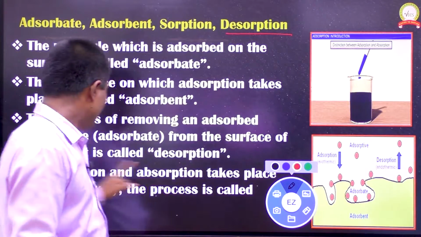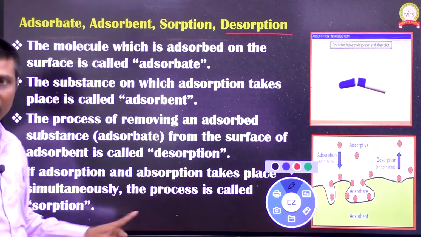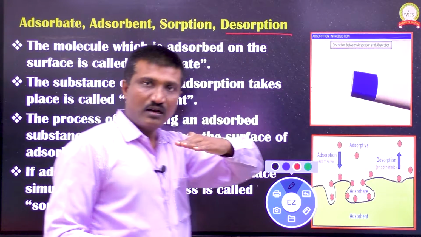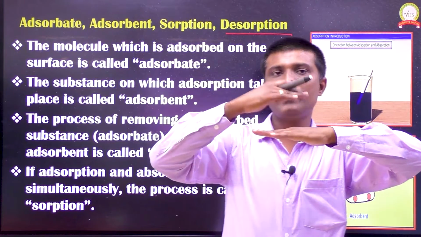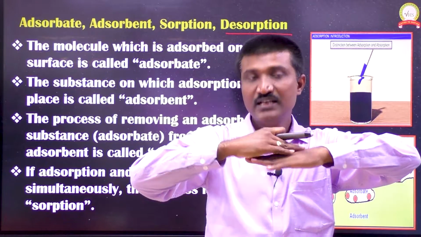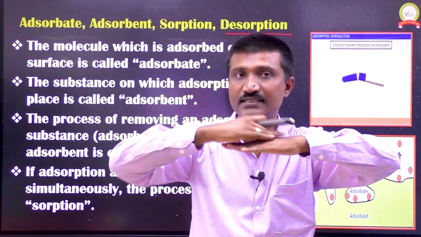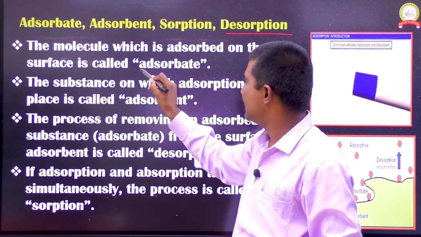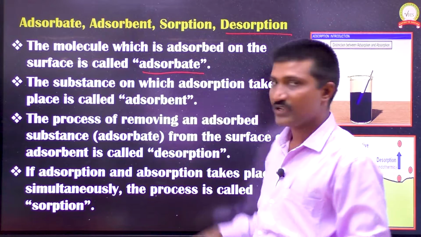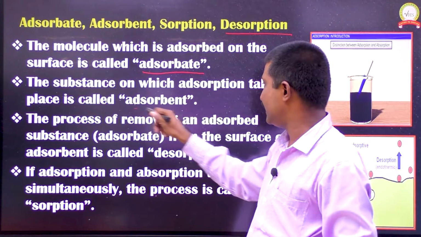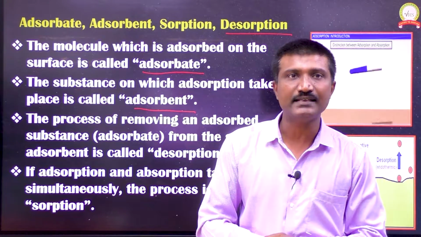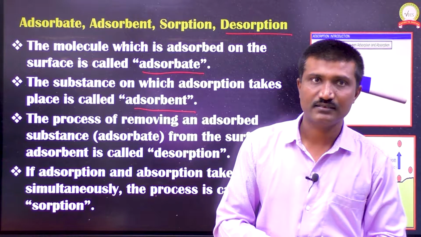In desorption we are removing the substance which is occupying the surface. The substance which is occupying the surface we call the adsorbate, and the substance which is providing the surface we call the adsorbent.